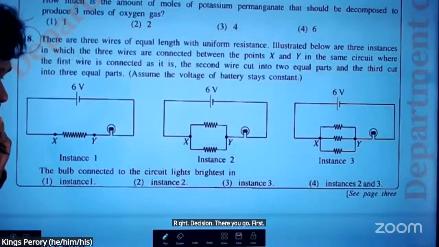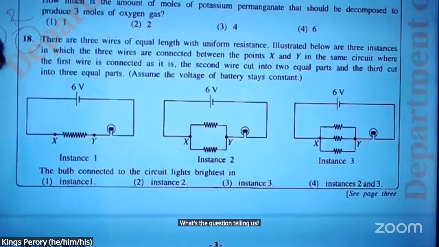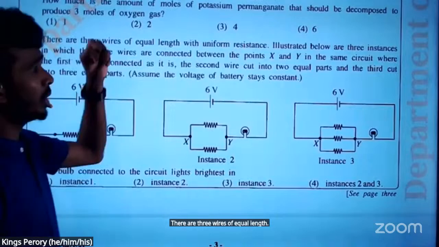First, I'll discuss the resistor question. What's the question telling us? There are 3 wires of equal length with uniform resistance.